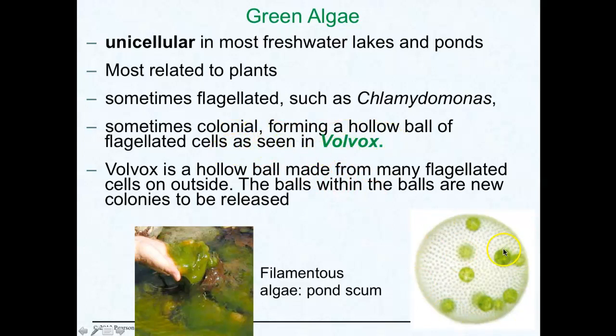So what you need to know here is that each small little green dot is a volvox cell. Each one of these is flagellated, okay? So this larger colony is a ball of these little tiny flagellated cells, and inside they have baby colonies waiting to come out. So those larger green dots are all smaller colonies.